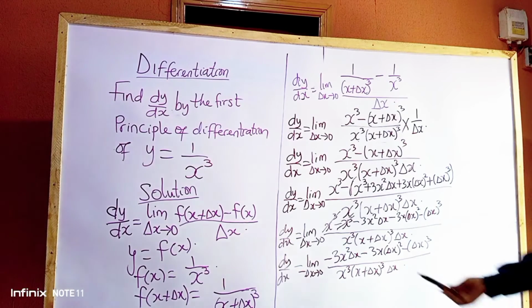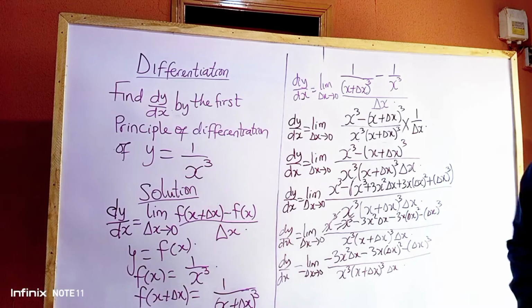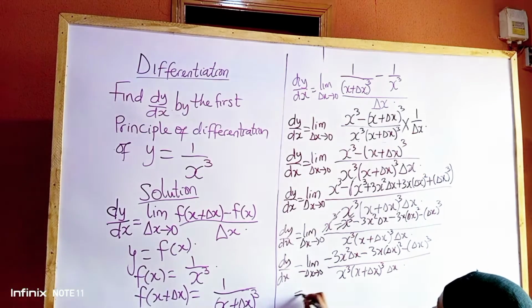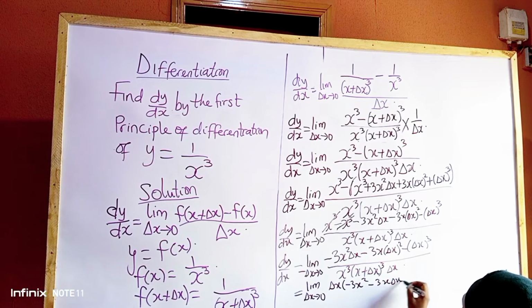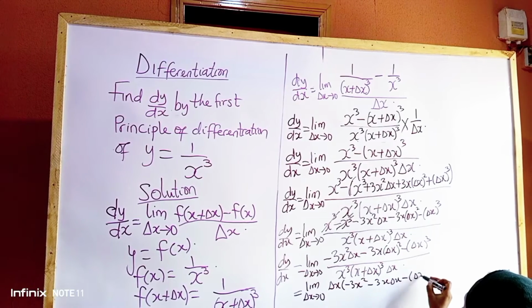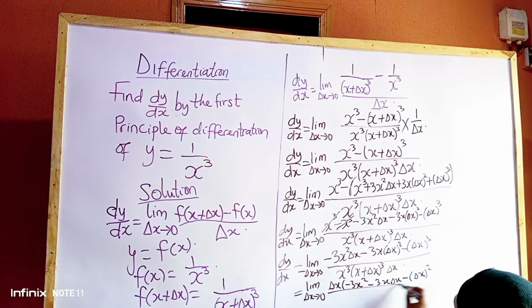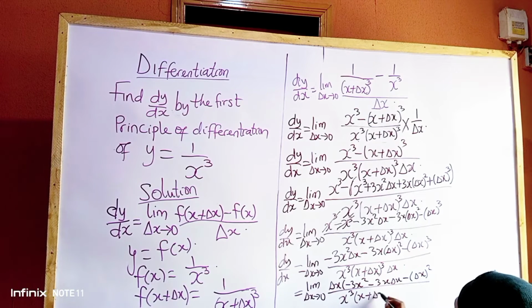Now, if you look at this numerator, you can see that change in x is common to all of them. So I can factorize change in x out. So I have the limit as change in x tends to 0, change in x into bracket minus 3x squared minus 3x change in x, then minus change in x squared, over x cubed into bracket x plus change in x cubed multiplied by change in x.